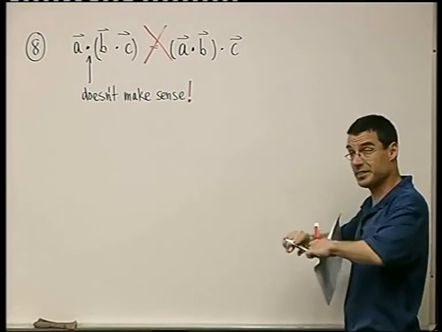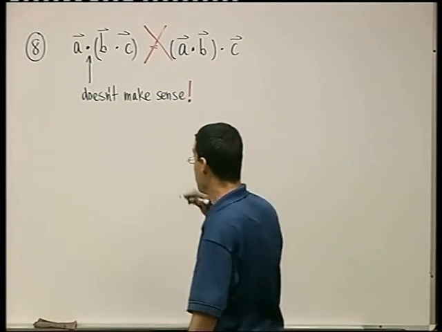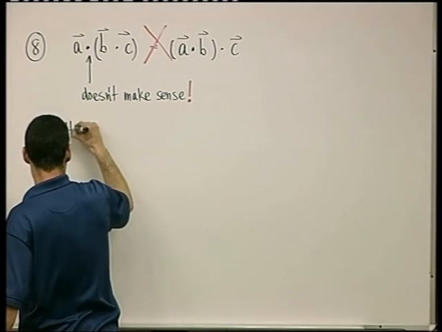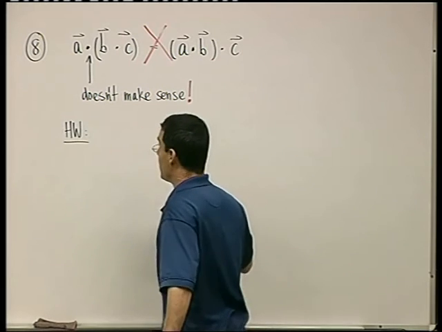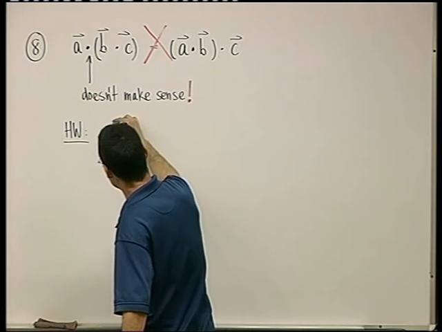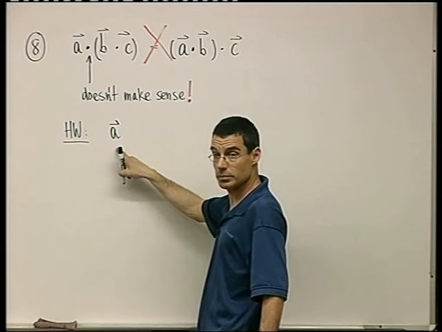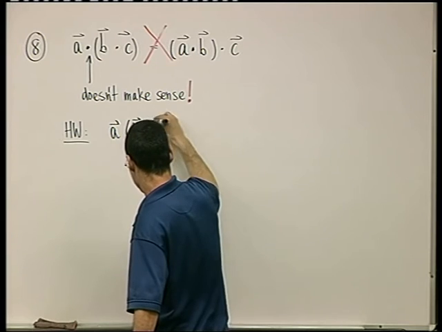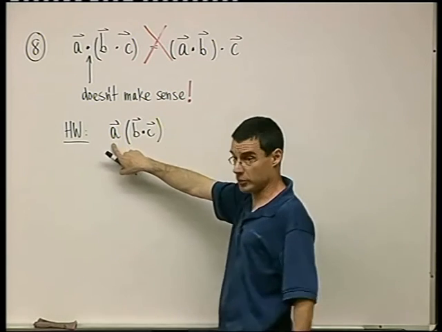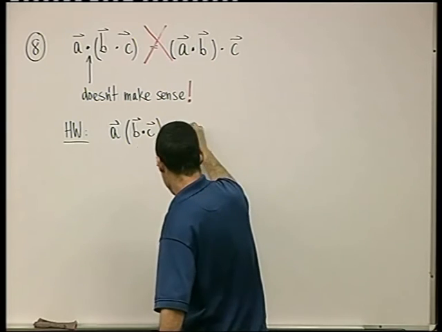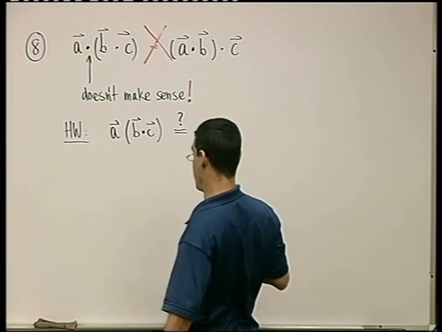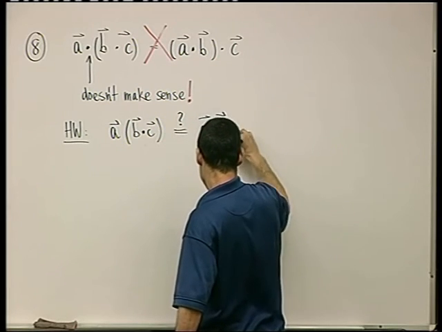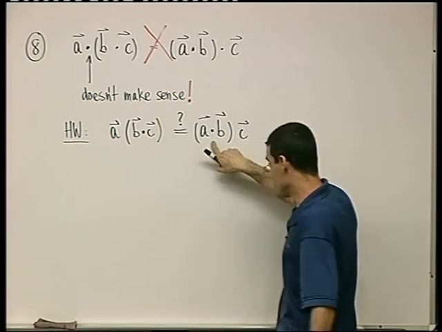Now you could take it a step forward and ask, is it true, for example, so this does make sense, so here's a little homework exercise. A is a vector, right? You could ask, what is A times (B dot C)? This is a scalar times a vector. That's defined. Is this the same, question mark, as (A dot B) times C? This is also a scalar times a vector.